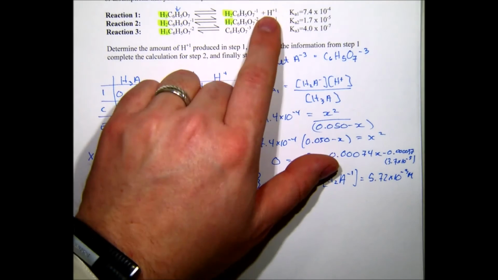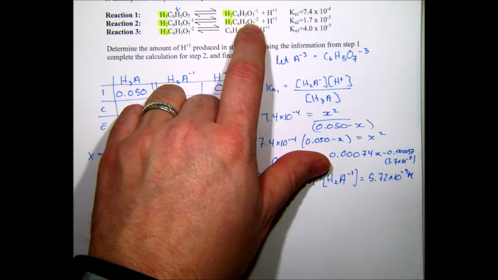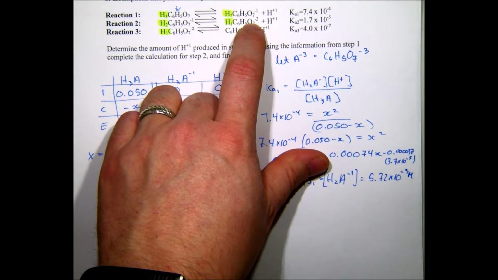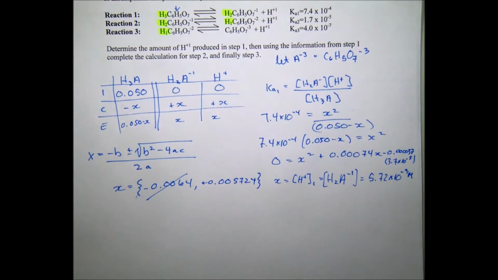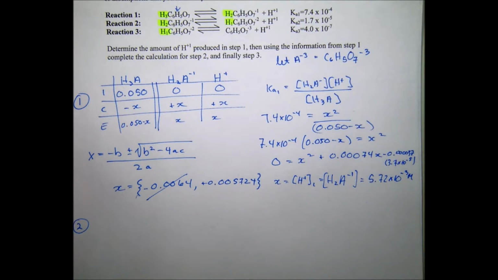As you remove a positive proton from an ion, in this case the citrate ion, as you try and take more positive protons away from something that's already negative, you'll notice that that reaction will be less and less favored. So we can continue on from step 1 and look at step 2 and what that would actually look like.